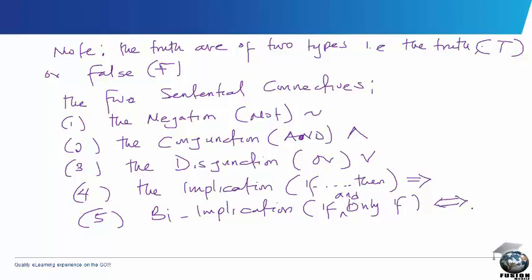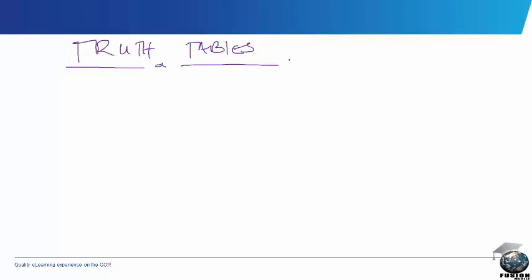Alright, with the help of what we have derived so far, we can construct what we call the truth tables. The truth tables are composed of the truth values.